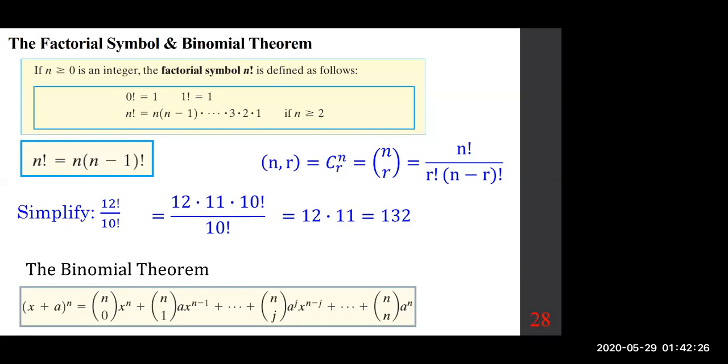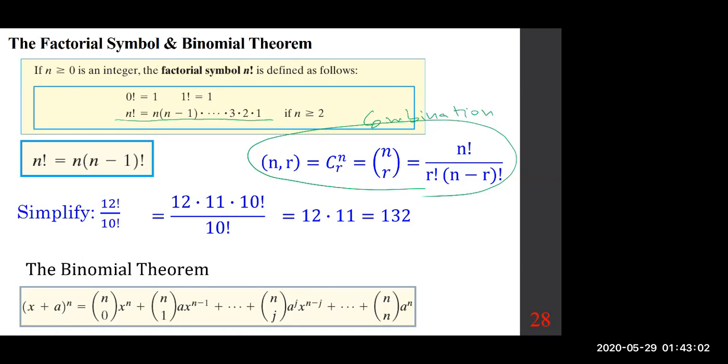Right now, take a look at how we deal with this simplification. First and foremost, when it comes to factorial, the definition is what you see here. This is called a combination. And there are three ways to write them: n comma r, just like you could write a pair, C of n and r, or the parentheses.